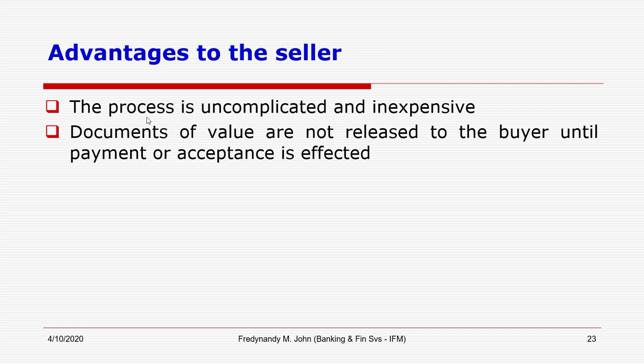So remember, under the open account, the exporter or the seller was required to send goods and later send all documents. Literally, he'll lose control of the goods. But with this method, still he will have control over the goods. Why? It is because even though he has already sent the goods, the documents of title are still with the bank.